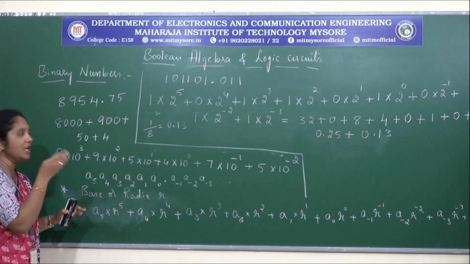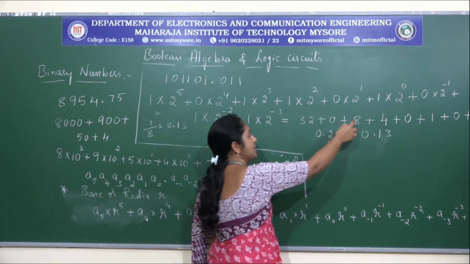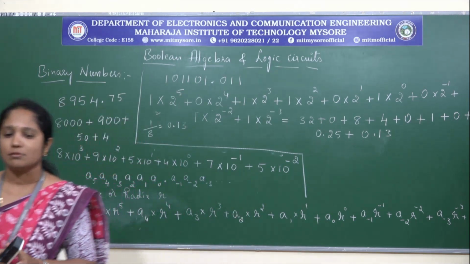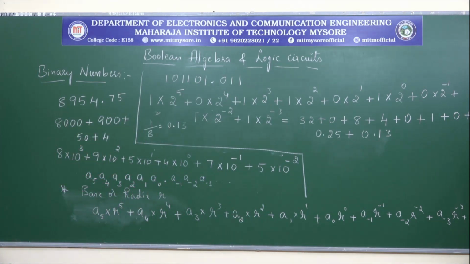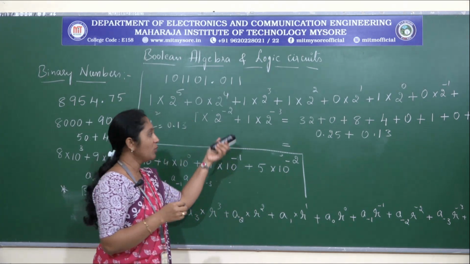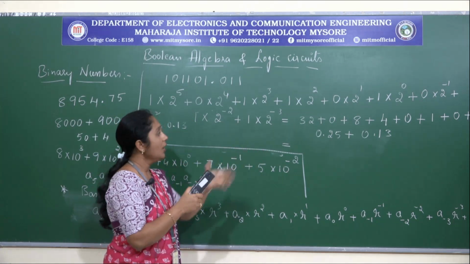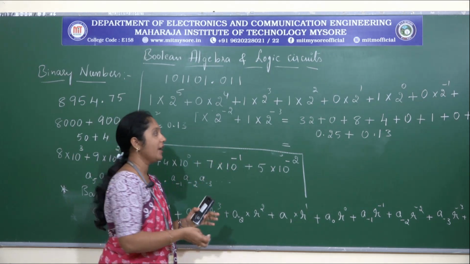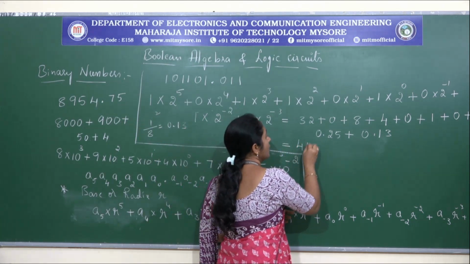Now let us find out its equivalent. So we have 32 plus 8, which is 40, 40 plus 4 is 44, then 45.